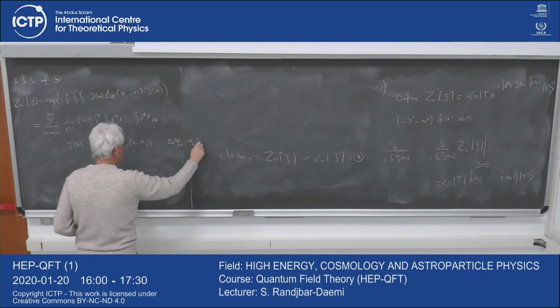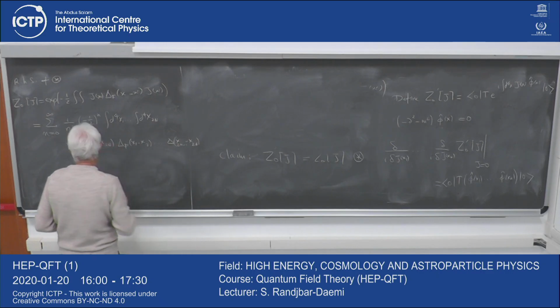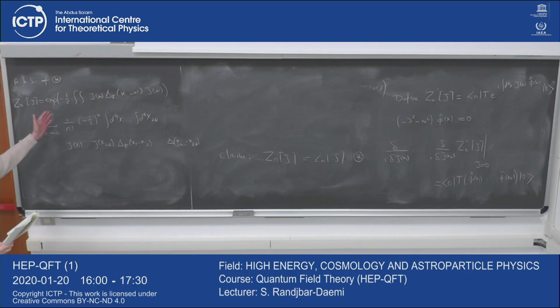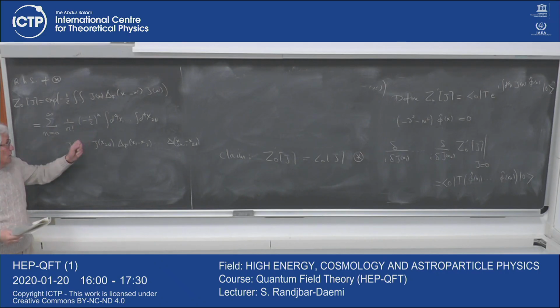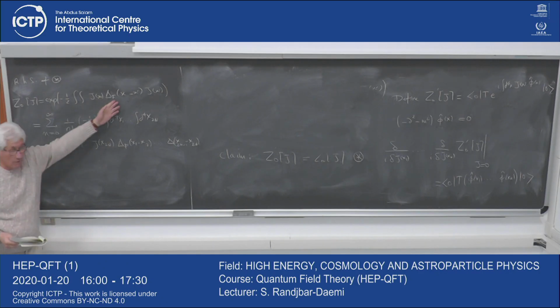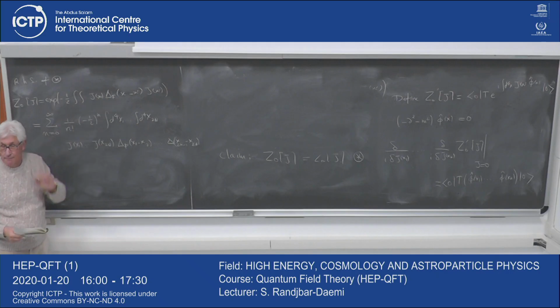This is the expansion of an exponential. But since the exponent is complicated, the expansion needs some explanation. Is the notation clear? So 1 over n factorial comes from the expansion of any exponential. The rest is just the nth power of what is in the exponent.